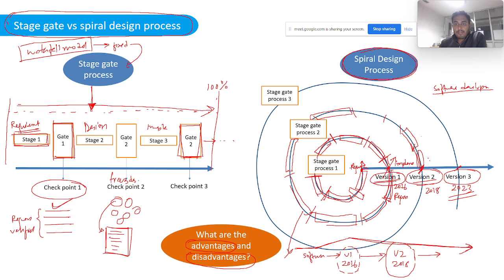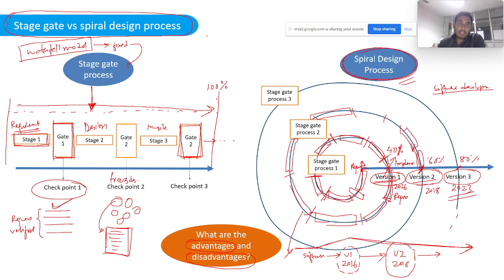However, if it is okay for your product to achieve 40% effectiveness, and in the next year it becomes 60%, then 80%, and slowly you make a more useful product, then for that kind of development we generally use a spiral design process.